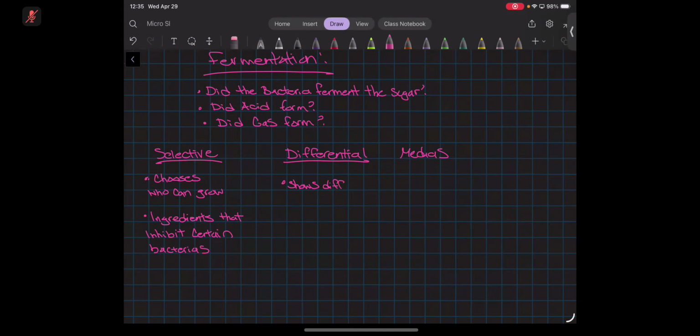differences between organisms that do grow. So selective and differential, they don't just ask, can you grow here?